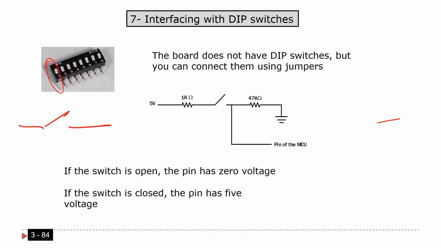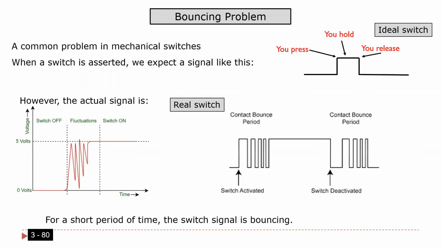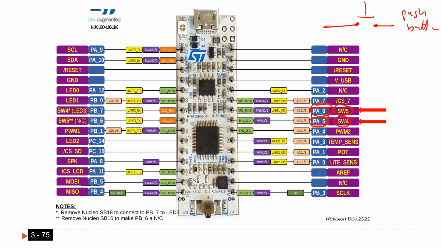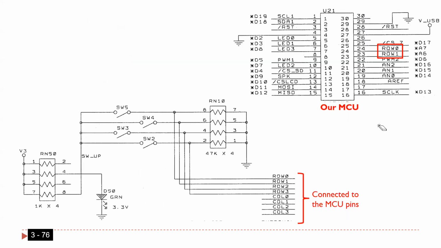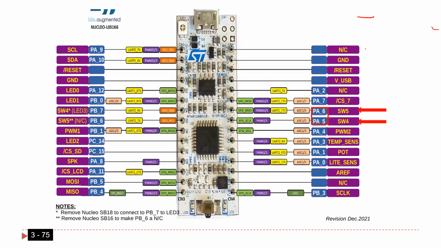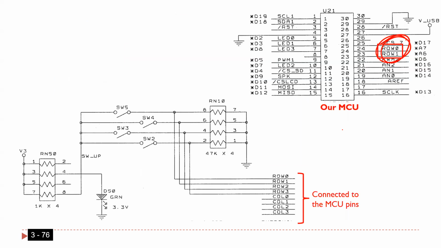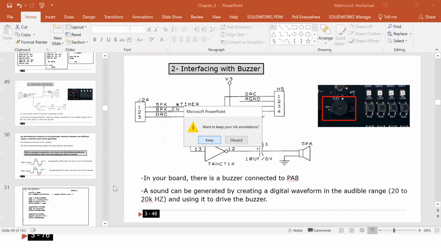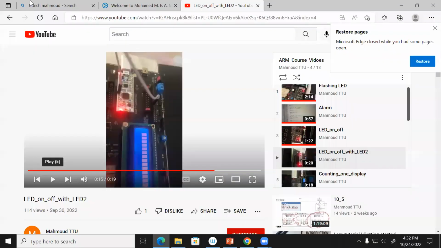Again, as I told you here, the 0 volt or 5 volt has to come from an external circuit. You have to understand that. Now, number one, I have to tell you how it is connected. As I explained, for the push button we have two of them. How they are connected, I'm going to show you, because maybe some of you still don't know what I'm talking about.